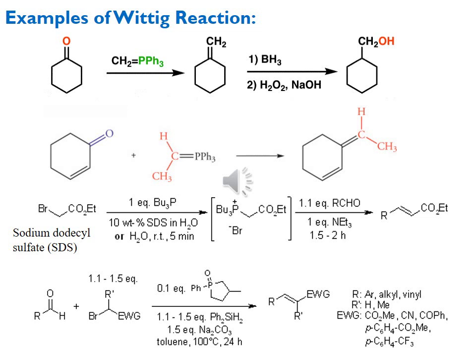Similarly, in the third reaction, you can see an electron-withdrawing group is present, which gives a stabilized ylide, and we get the trans alkene, that is the E alkene. In the fourth, there is an aldehyde, which has also reacted with an alkyl bearing an electron-withdrawing group, and we get the trans alkene.